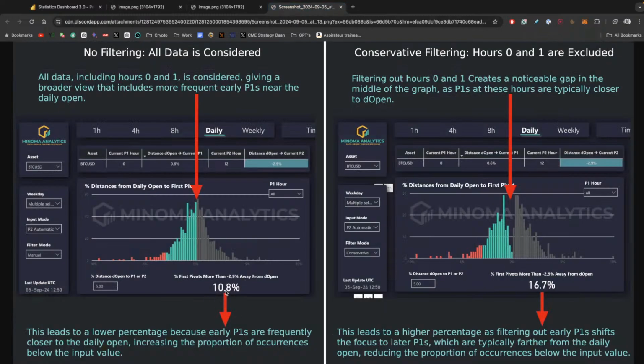Naturally, this is going to be more aggressive because this data is weighed towards this right here because it happens so often. By analyzing the full distribution of P1s across all hours, without conservative filtering, the probability estimate reflects a broader, naturally weighted view where the more frequent early P1s hold more weight. So the reason why this is lower is because these hold a lot of weight.